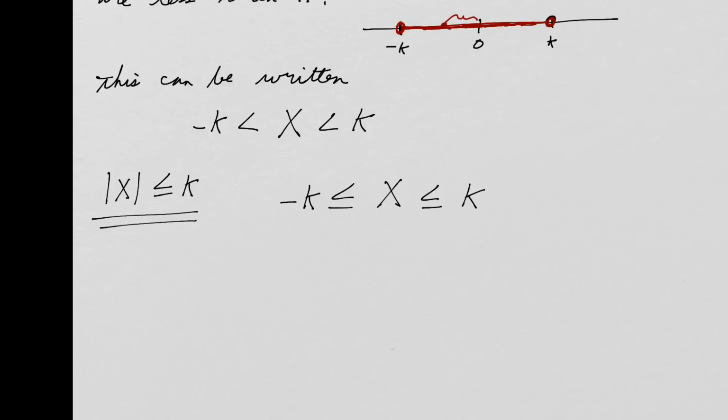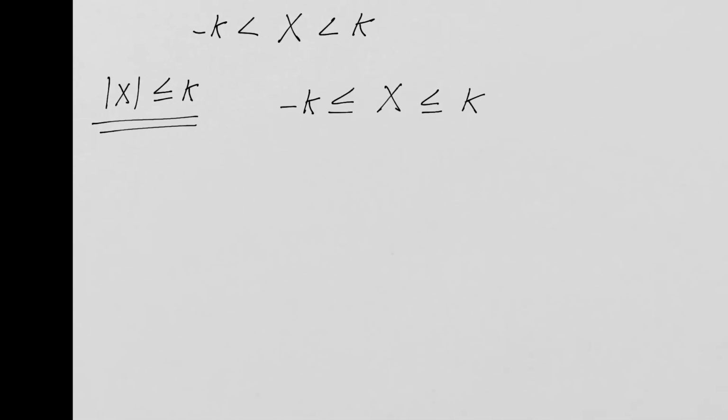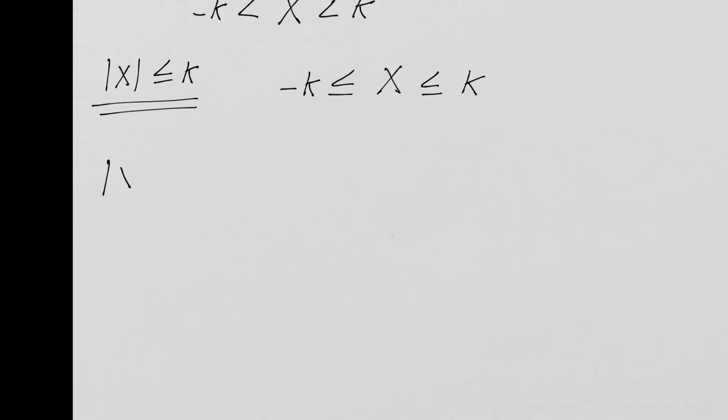Now, if we go the other way, let's say greater than. If I do absolute value of some expression is greater than k, it means all values x whose distance from 0 are greater than k.